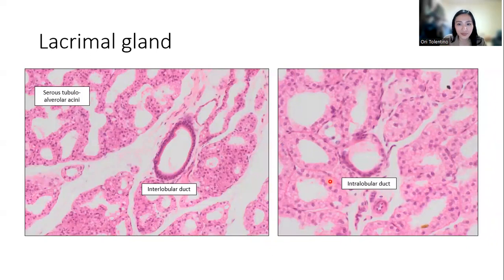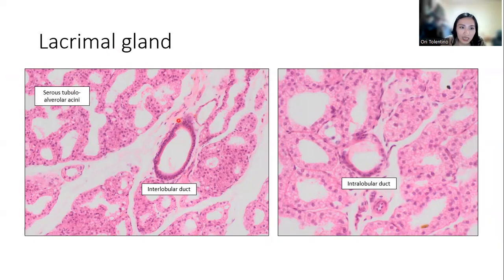You can see that the serous tubulo-alveolar acini are here. They produce the secretions, the tears, and release them into the ducts. We have the bigger interlobular duct inside the connective tissue, which is the connective tissue separating the gland into lobes.